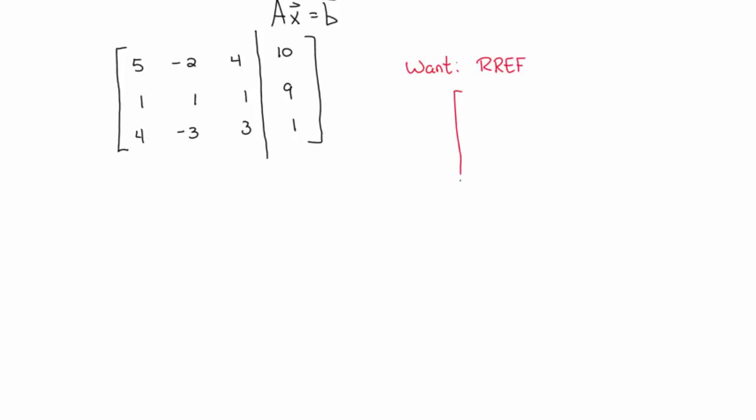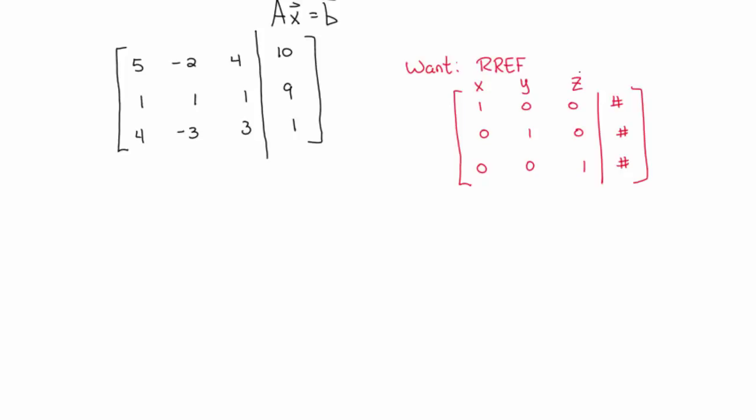So we want something hopefully that looks like 1, 0, 0 augmented with a number, 0, 1, 0 augmented with a number, and 0, 0, 1 again augmented with some number. The reason why we want that is because, remember, the first column represents x values, the second column represents the y values, the third column represents the coefficients of z's.